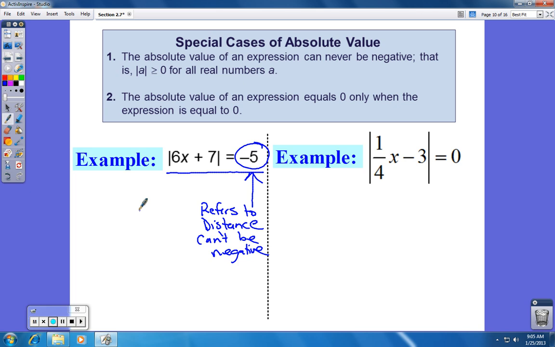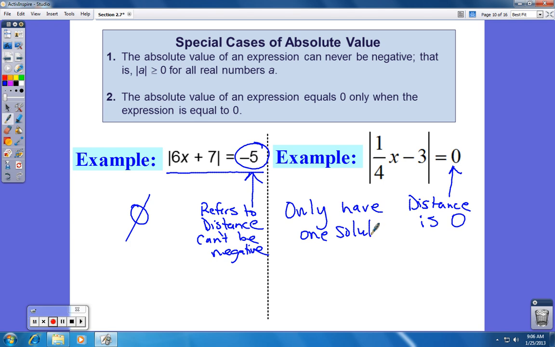So in this example, we're going to get no solution. Any number, like in this previous example, that is equal to a negative is always going to be no solution. And for this second example over here, because the distance is 0, we're only going to have one solution. So you just solve that particular equation.